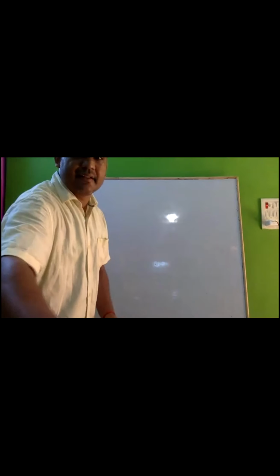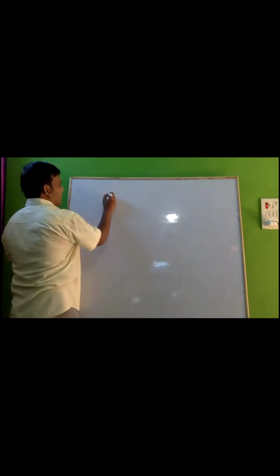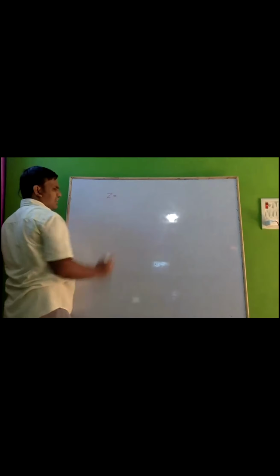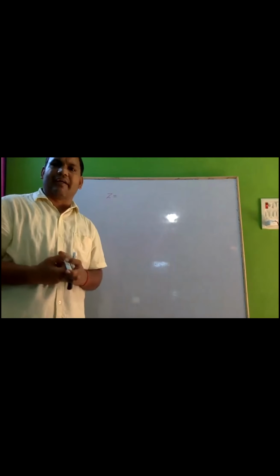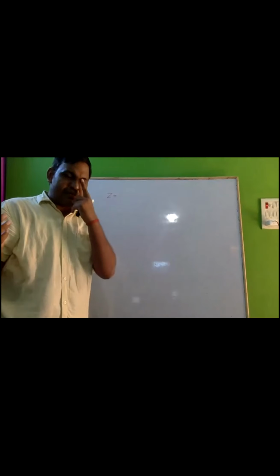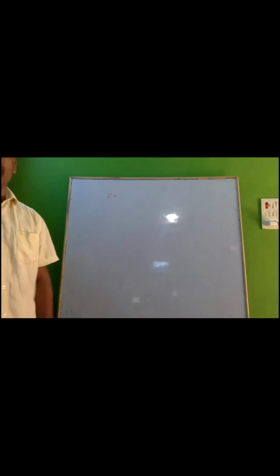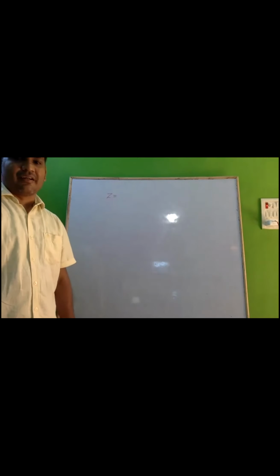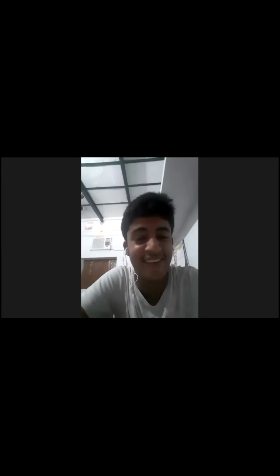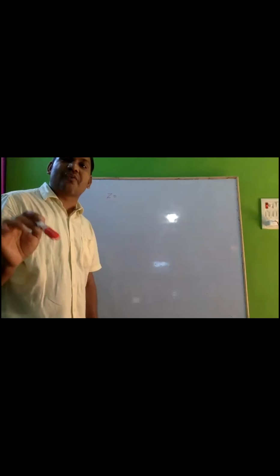Let's take one example. Let me know one thing: when I write with a red marker, is it more visible, or when I write with a black marker, which one is more visible? Red, sir.